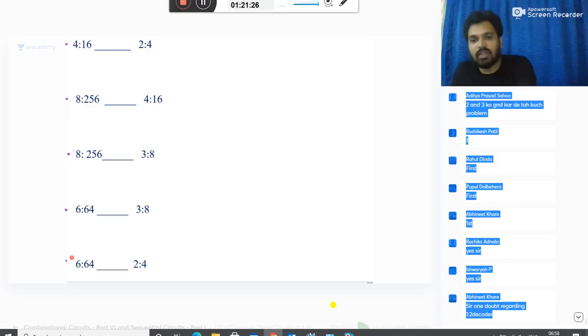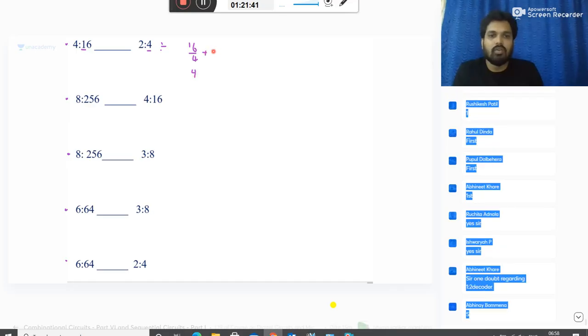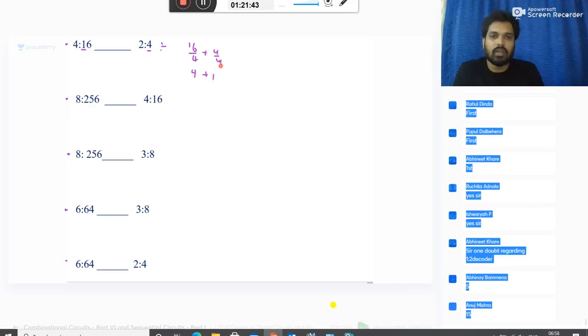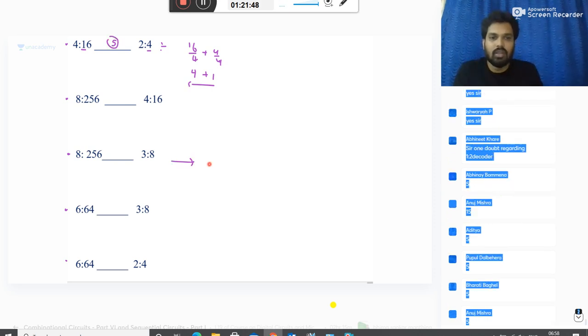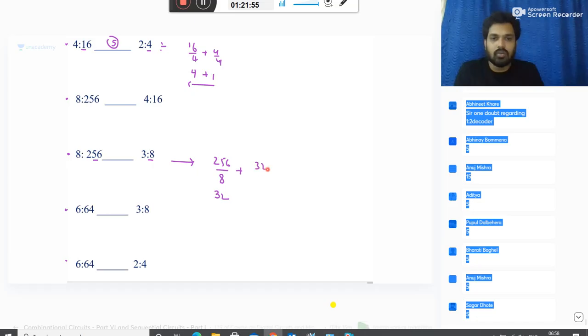Yeah, you can ask Abhinit why you are saying it. You can ask happily. So here, if you want to make using this and this, the story is same or not? Take 16 by 4, you will get 4. 4 by 4, 1. Okay. So what is the total? It is 5. So similarly here, 256, I'm not doing all, only just 2 examples. 8, 32, 32 by 8, 4, 4 by 8, 1, that is 37.